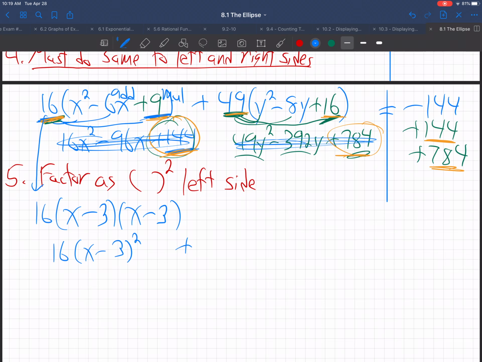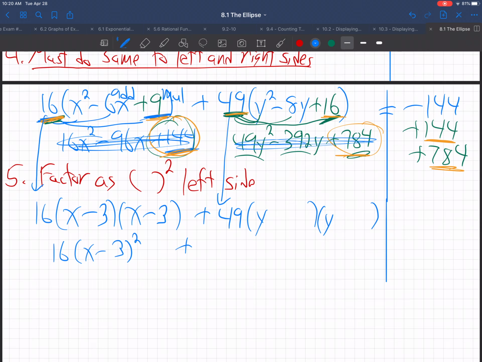It did it beautifully. Now this one, bring down the 49. Whoops, I should do it right here. 49, and I'm kind of messing this up here. Let me try this again. Here we go. So bring down the 49, and this will factor as y in the front here.